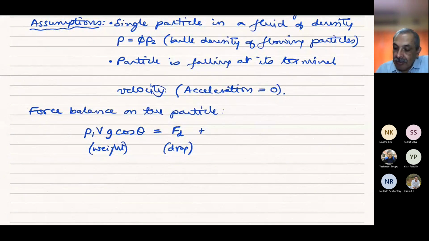And if we assume that this is just like an Archimedes type of buoyancy force, then that is just going to be the bulk density rho, but now the volume, I'm going to say, is some effective volume, times g cos theta. So this is the buoyancy.